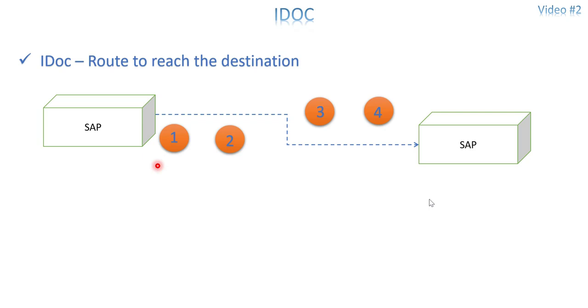The first is logical system. Here you have to communicate your system very clearly. I have two systems, system A and system B, and I'm going to send the information from system A to system B with the help of a connection. Technically we call it an RFC connection. One more piece of additional information required to transfer data outside of your network is a port. On any website or UI portal, they mention a port.